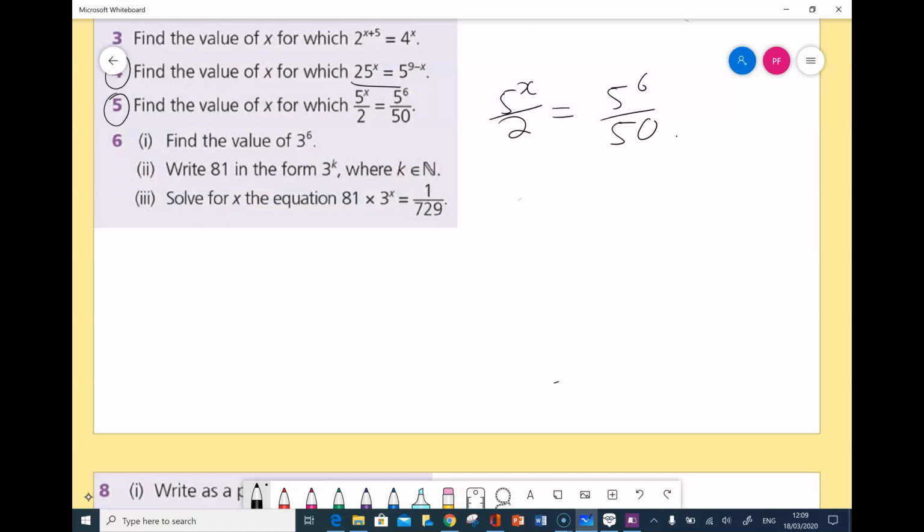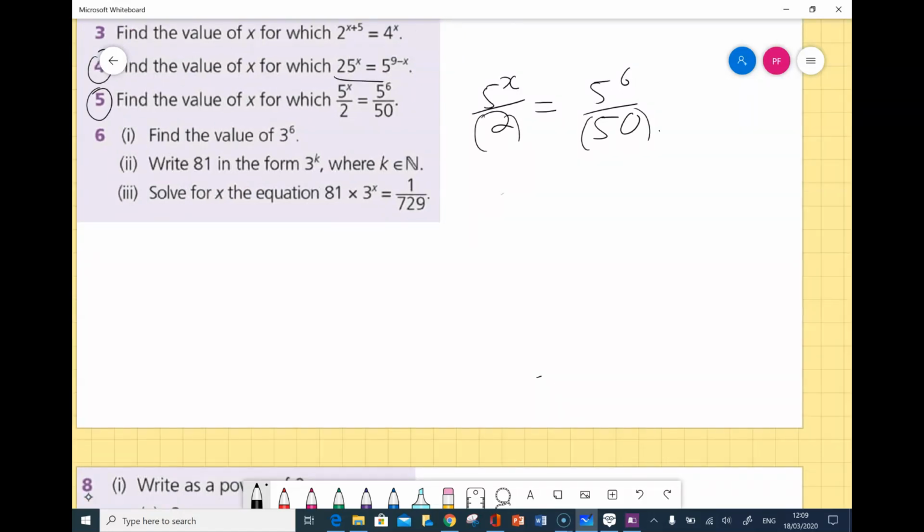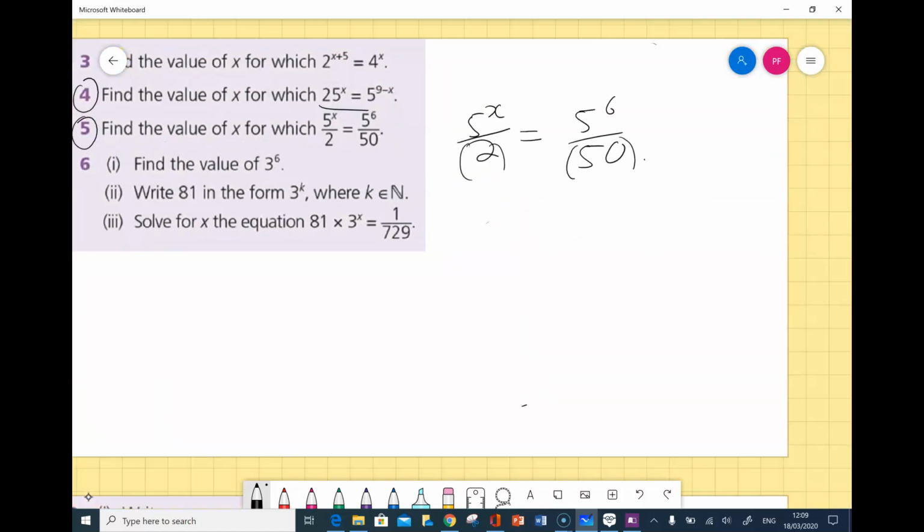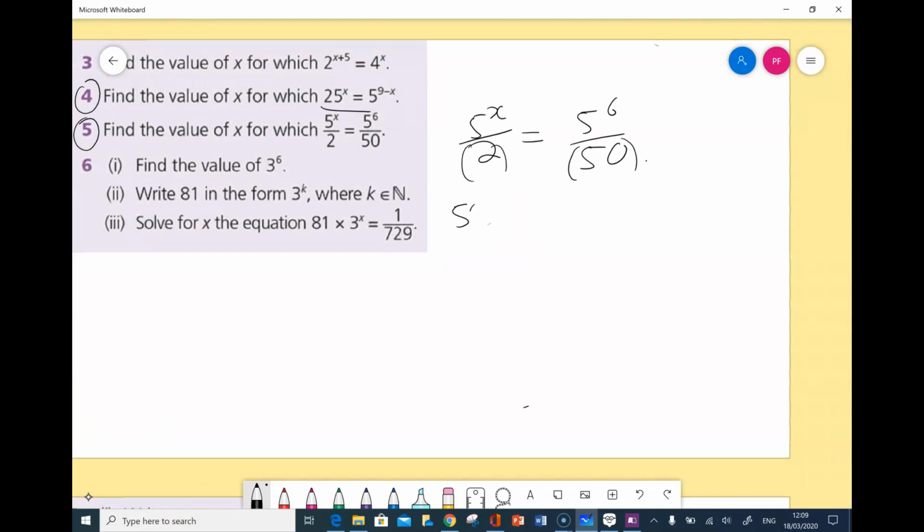But what I can do is cross multiply. 50 here is dividing, so when it comes across, it multiplies. 2 is dividing, so when it comes across it can multiply. So I could say, if I wanted, 50 times 5 to the power of x equals 2 times 5 to the power of 6.